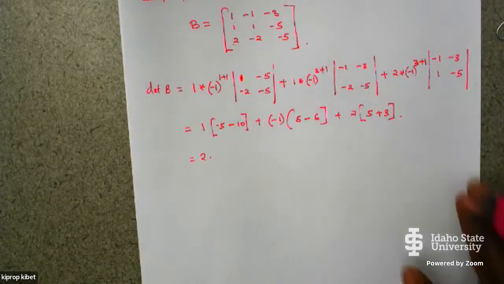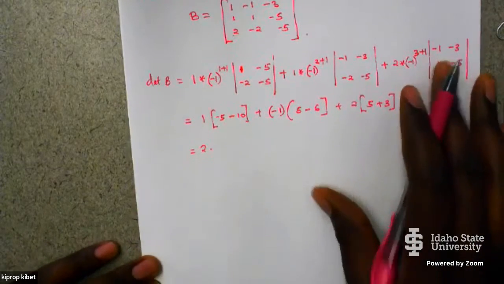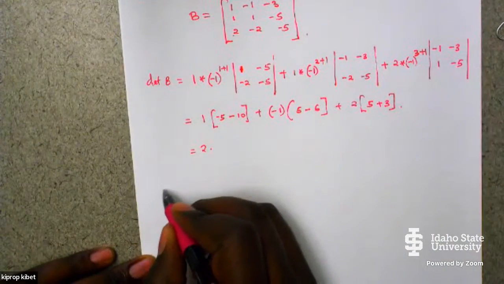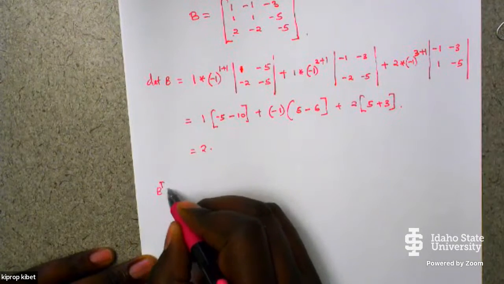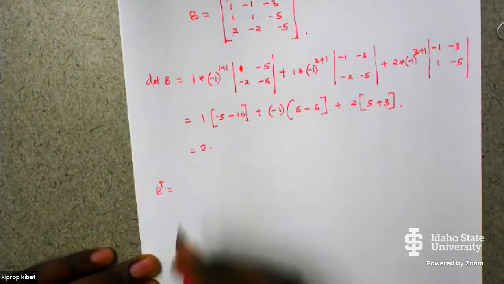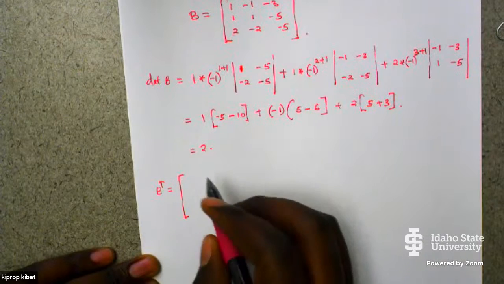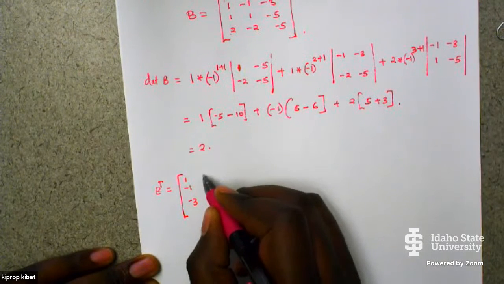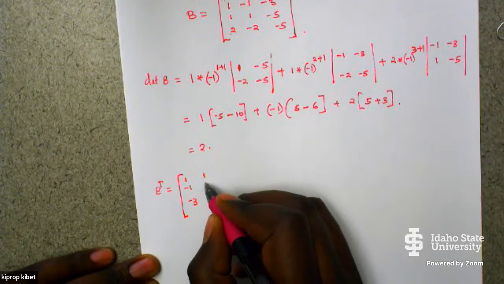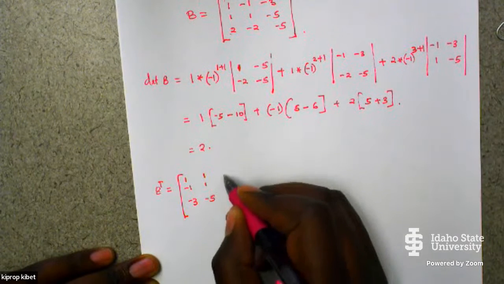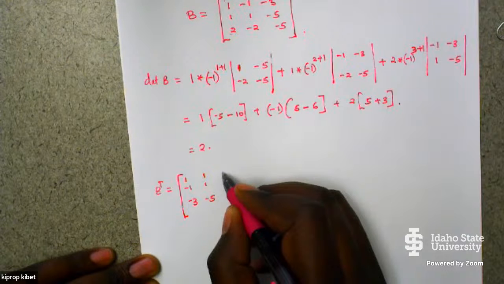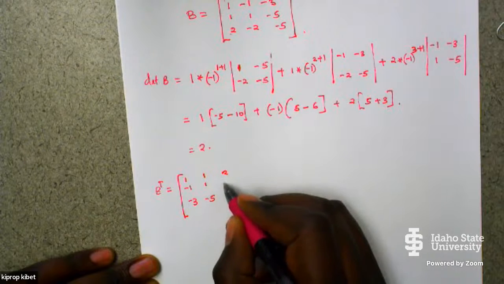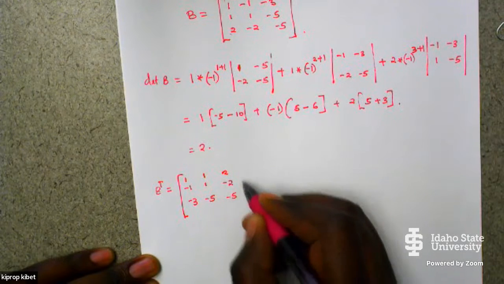Now, if we do the transpose, B transpose is [1, -1, -3; 1, 1, -5; 2, -2, -5].